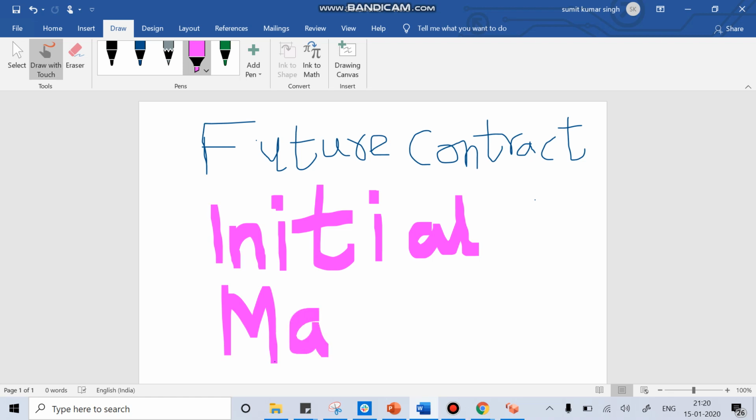So whenever you go to the exchange and ask for a future contract over some commodity, you have to deposit money to the exchange, which is called initial margin. Initial margin is the collateral that both the long position holder and short position holder have to submit to the exchange over the contract which they commit to do in the future based on the present determined condition.